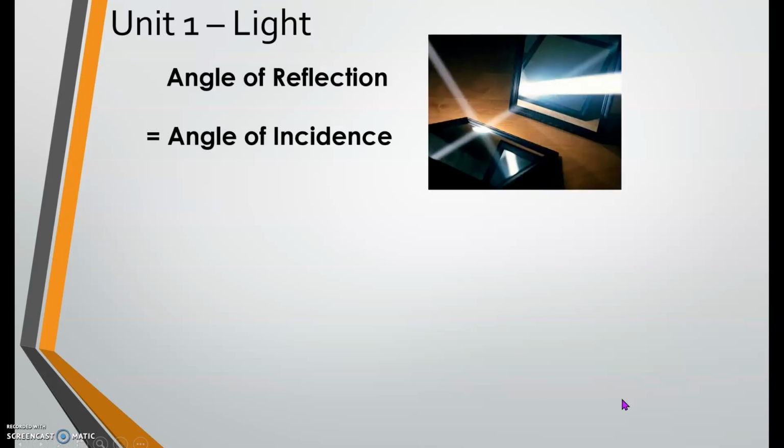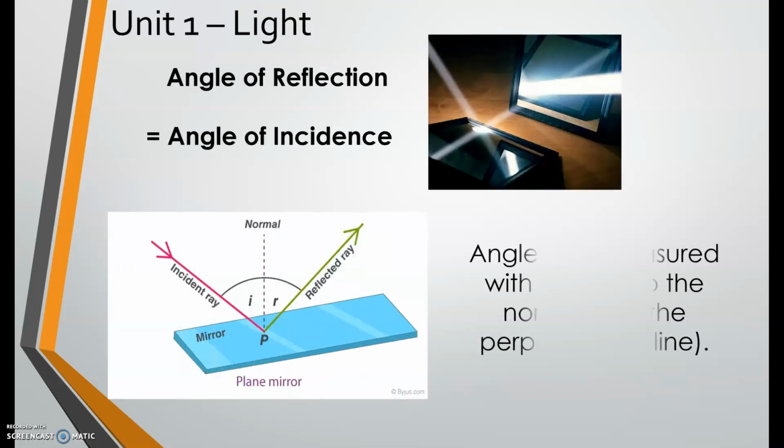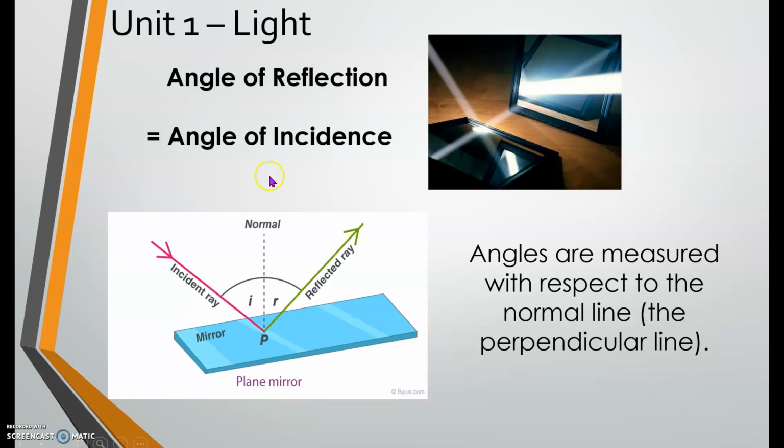Okay, so we also talked about the angle of reflection is equal to the angle of incidence. The normal line is drawn perpendicular through the flat surface which the light hits.